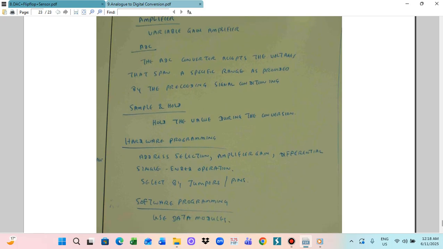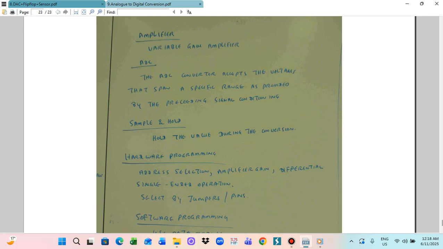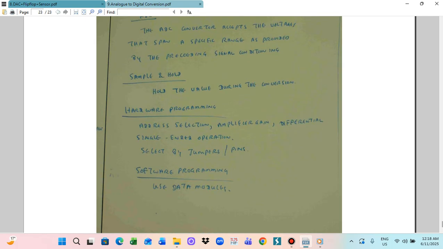Their performance is controlled by hardware programming and software programming. With hardware programming, you select the appropriate amplifier gain, the differential amplifier gain. You have to adjust the differential amplifier gain by using a jumper and a pin. This is for the hardware programming.